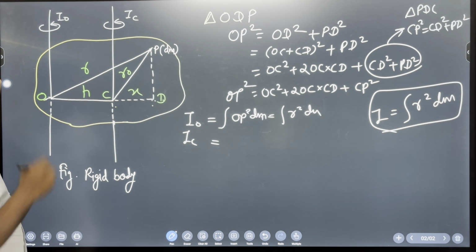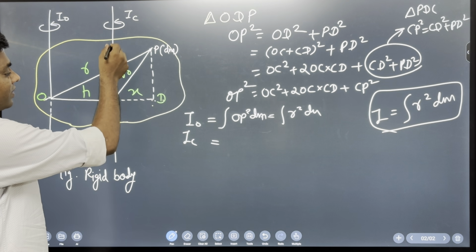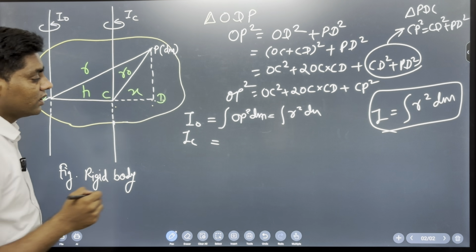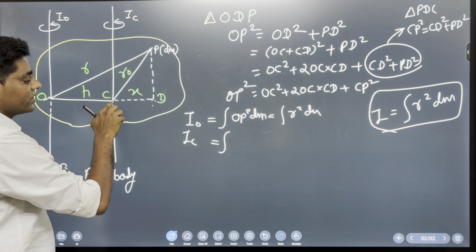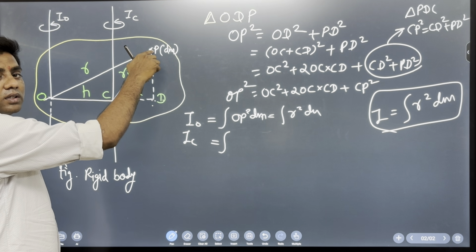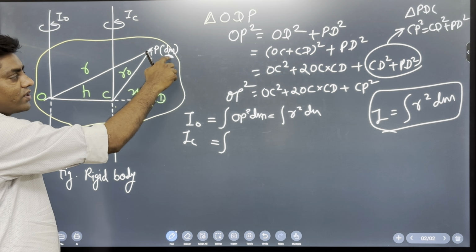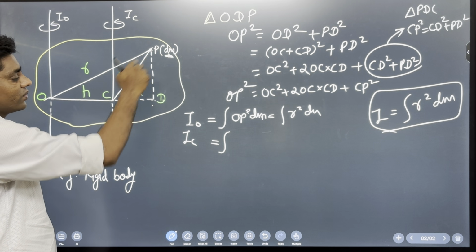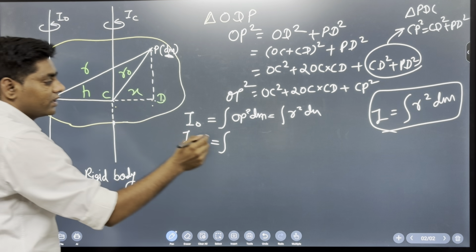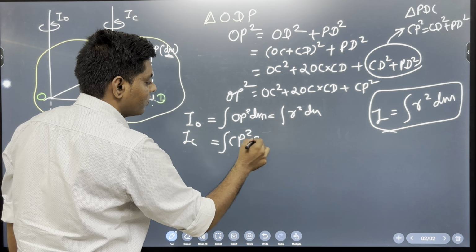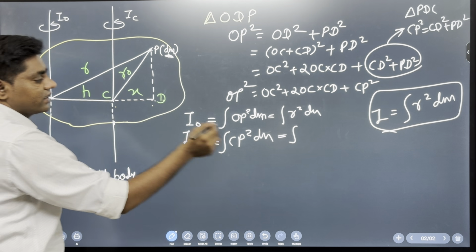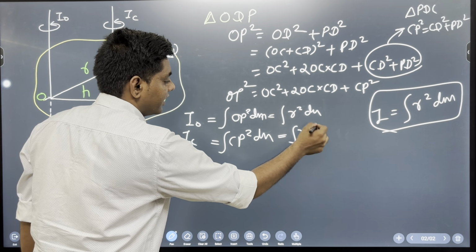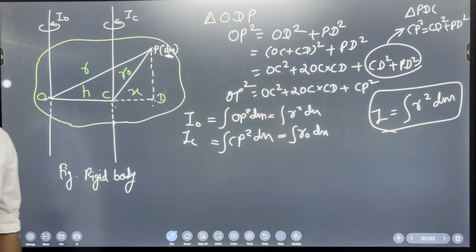That is the parallel axis which is passing through the center of mass. According to this formula, the distance from this axis to the point at which the mass is present is CP. So integration CP square dm, we let that be R naught. So we get very easily.